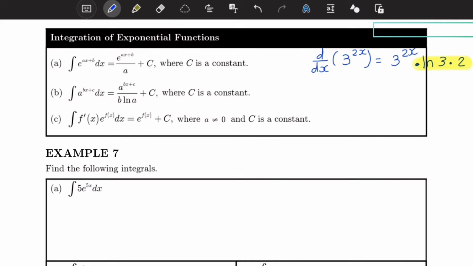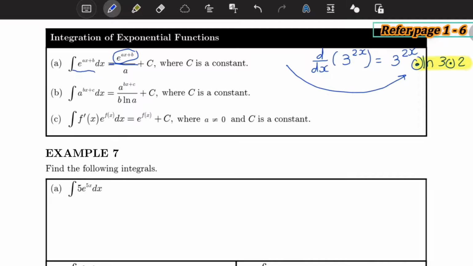So we have integrate exponent ax plus b equal to, copy the exponent, but we have divide by. If we refer to the derivative, we have times and times, right?